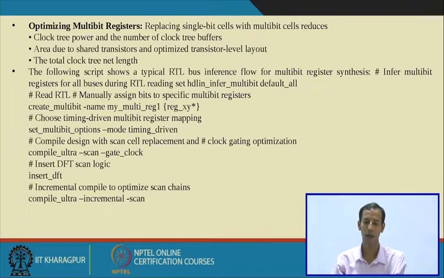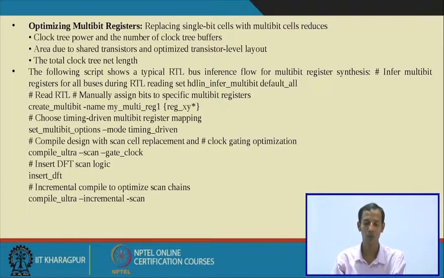Then you have to choose the timing driven multi-bit register mapping. How can you set that? You say set_multibit_options -mode timing_driven. That means here I am doing that manually, and the timing driven mode will be followed for multi-bit register mapping.